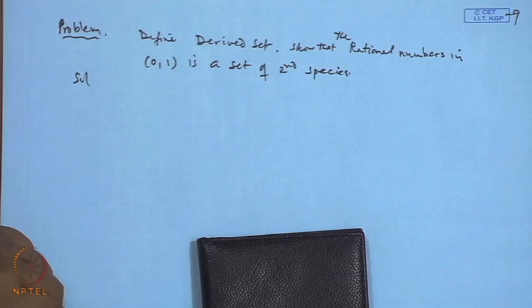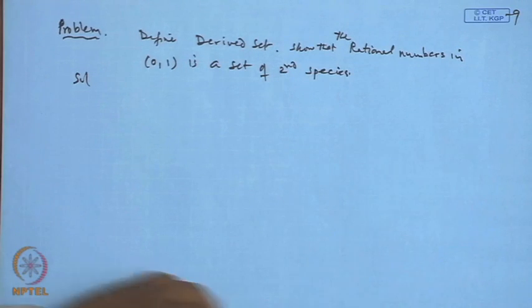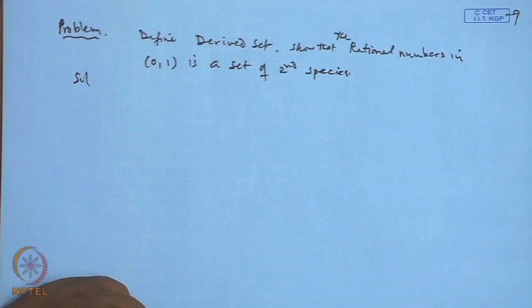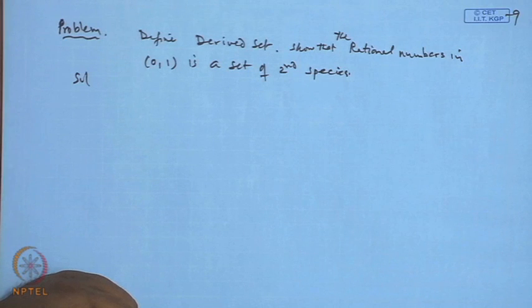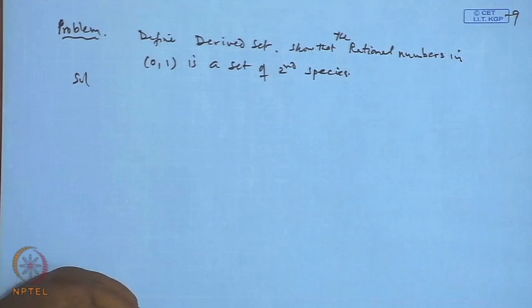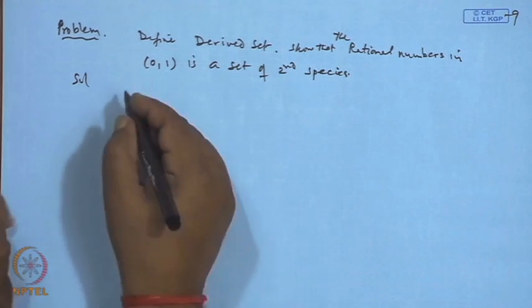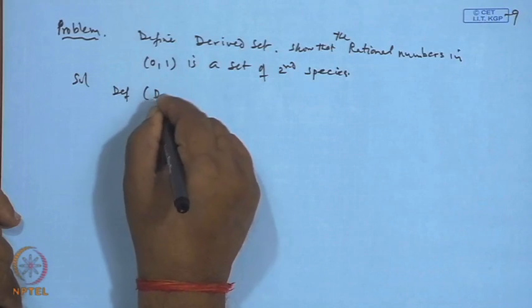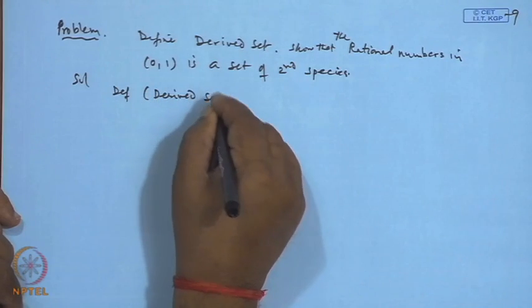Derived set: if the set S is an infinite set, then we can find the limit points of this set. An infinite set may have many limit points or may not have a limit point at all, depending on the set. So, we define the derived set as follows.